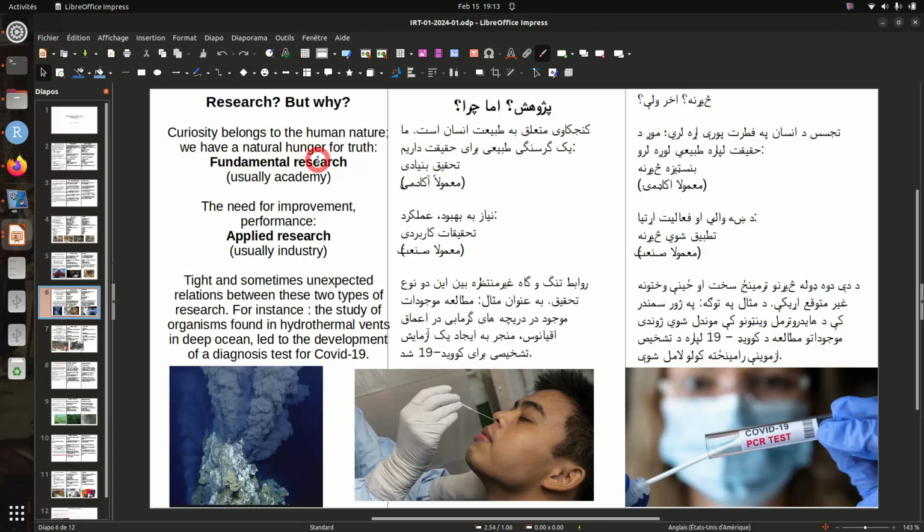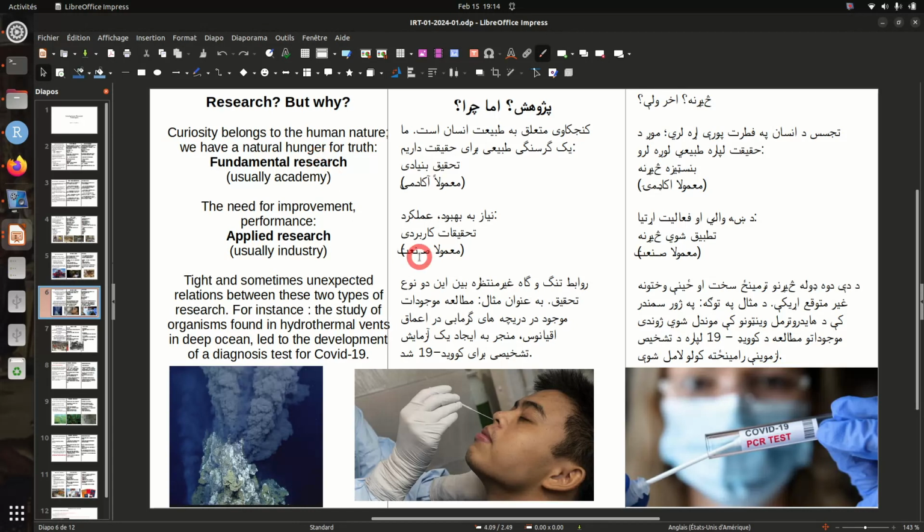Fundamental research is ordinarily done in the academy, but you can also find it in large companies. Fundamental research is research for the sake of researching. You don't try to improve fridges, you don't try to solve the hunger problem, you're just interested in the things themselves.